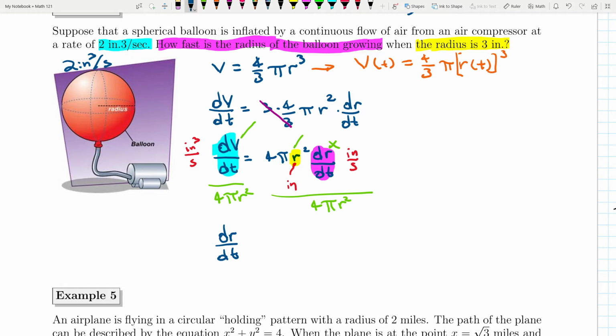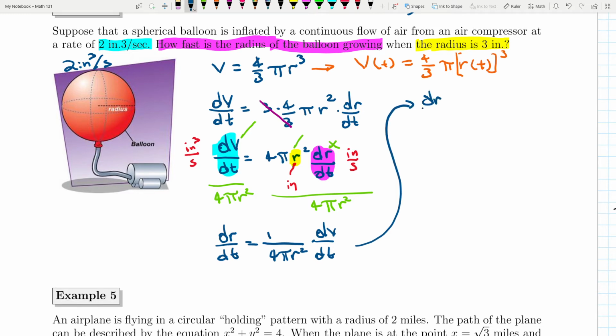That is how fast the radius of the balloon is, in this case growing, because the balloon is being inflated. That is equal to 1 over 4 pi r squared times dV/dt. And all we have to do here is simply plug in the numbers.